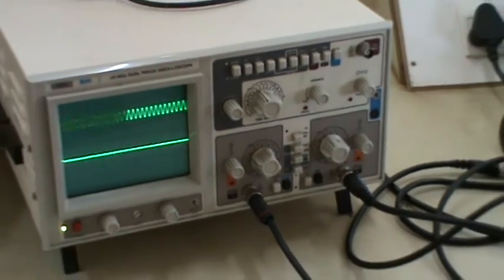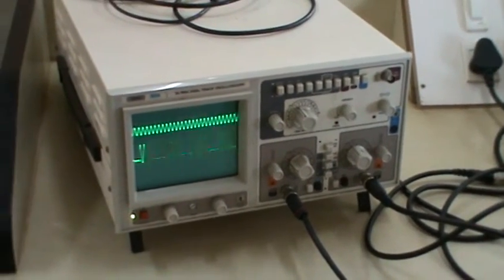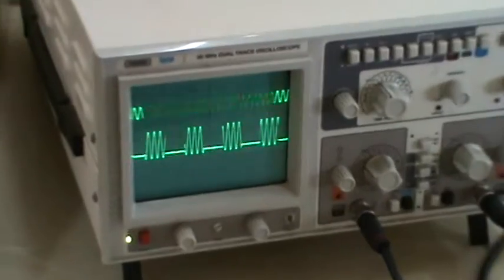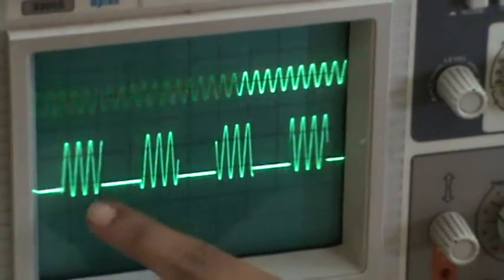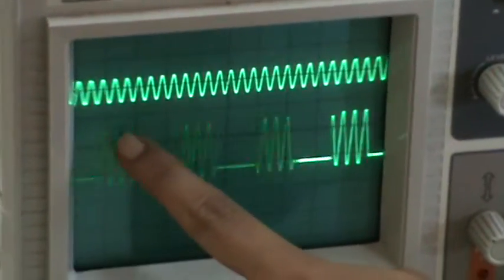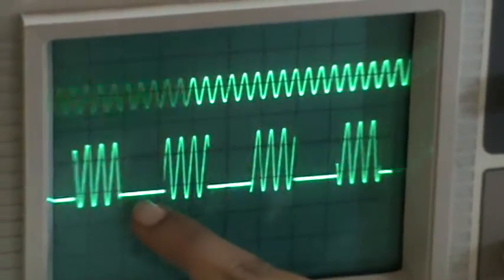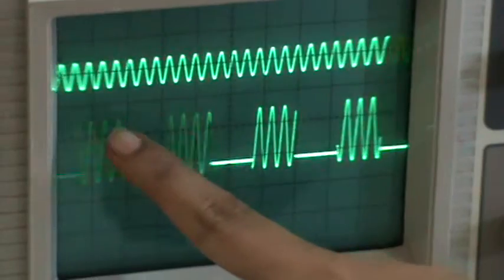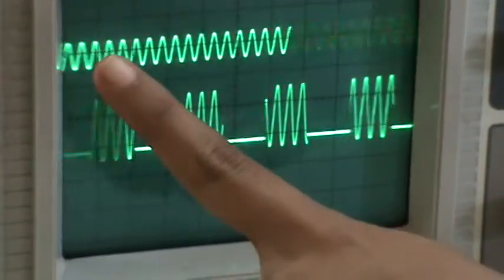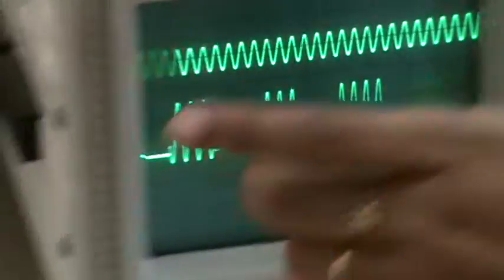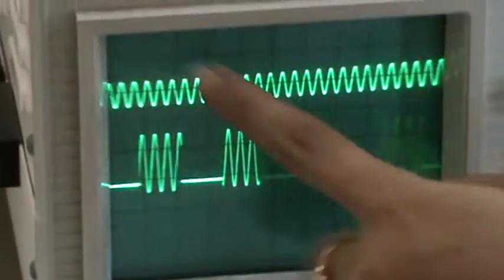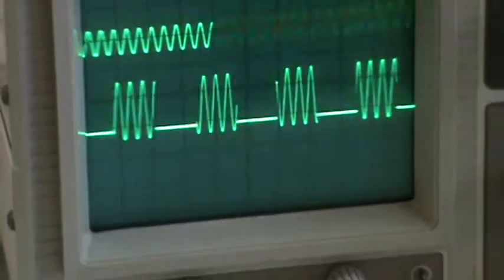Let me observe the output at pin number 3. When I connect pin number 3, you can see the waveform, that is we have a high frequency component and a zero line. So now it is ASK modulated, that is, the message signal has been multiplied with the carrier signal.